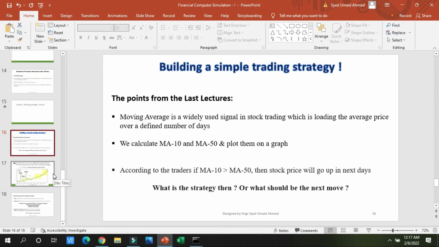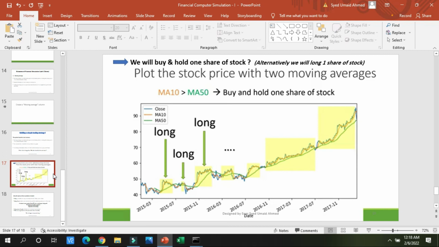Moving average 10 was fast, and traders believe if MA10 is greater than MA50, then the stock price will definitely go up. So we have made a new variable named shares, and in these yellow squares are the days in which we buy and hold one share of stock. Alternatively you can say it is longing one share of stock.